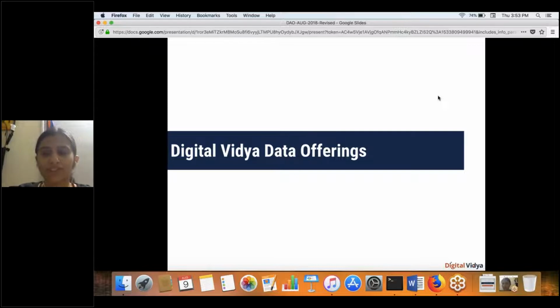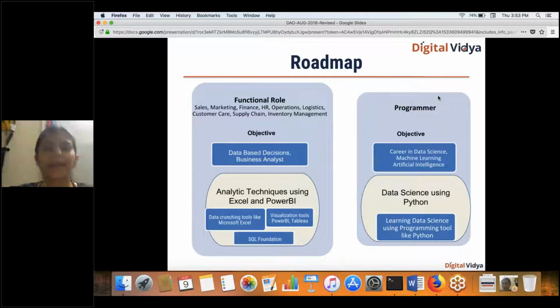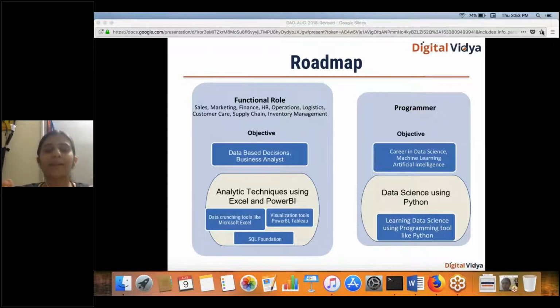I think one of the questions each of us has is, what should we do? Based on this, we have a very clear roadmap. If you are into sales, marketing, finance, HR, operations, logistics, customer care, supply chain, inventory management, any of these roles, your objective is to make data-based decisions.